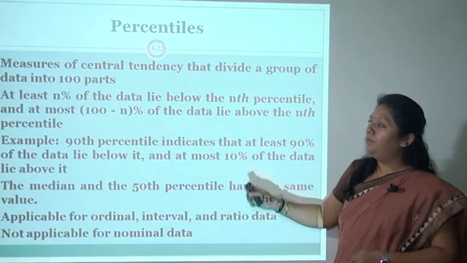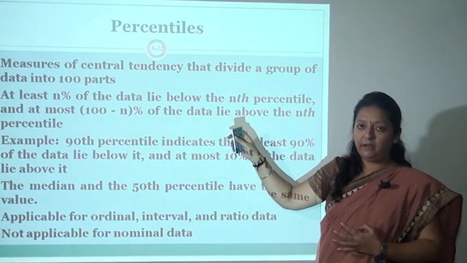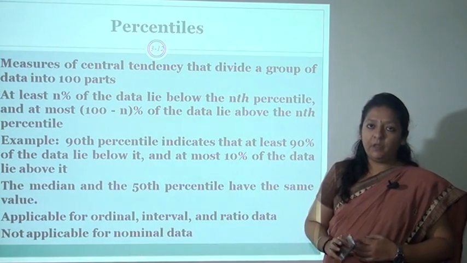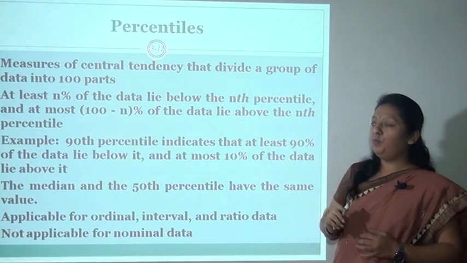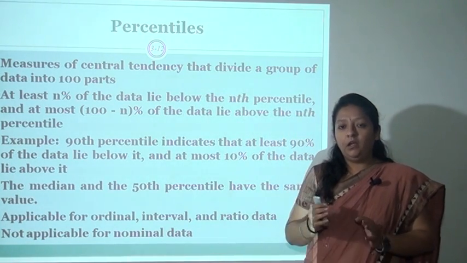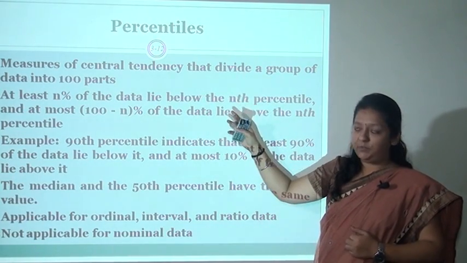Further, we'll define the fourth measure of central tendency, that is percentile. Percentile is one of the measures that divide a group of data into 100 parts. The data has been divided into 100 parts when we are calculating percentiles.